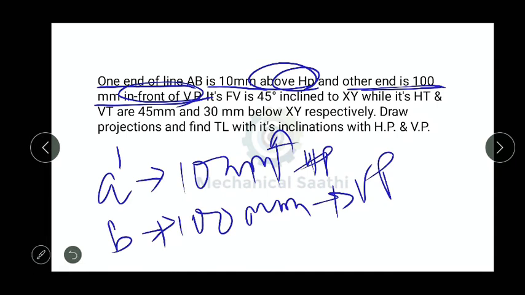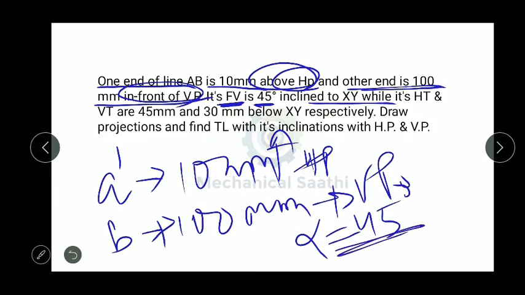Its front view is 45-degree inclined to the XY line, so alpha is given as 45-degree. It is the angle between the front view and the XY line. Its horizontal trace and vertical trace are 45 and 30 below XY respectively.